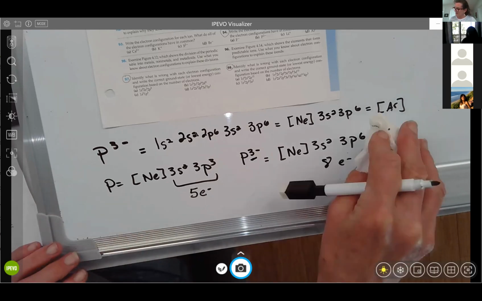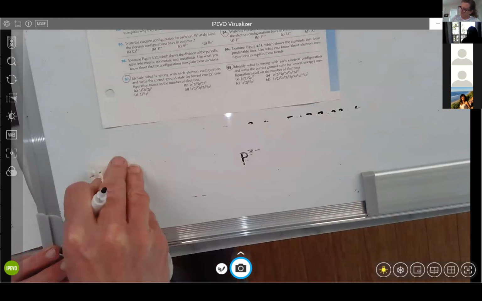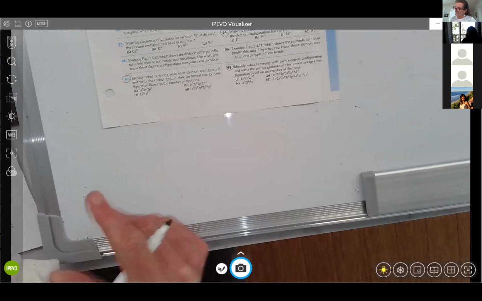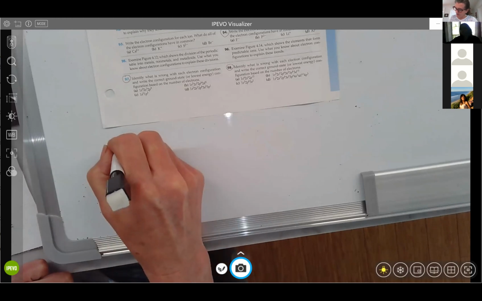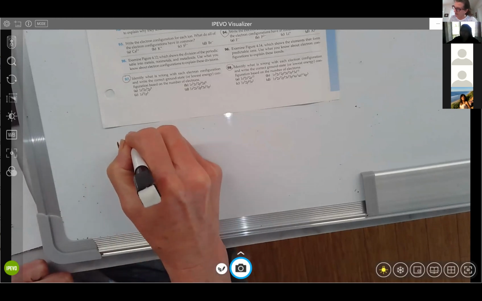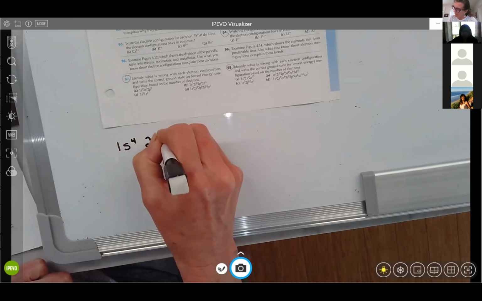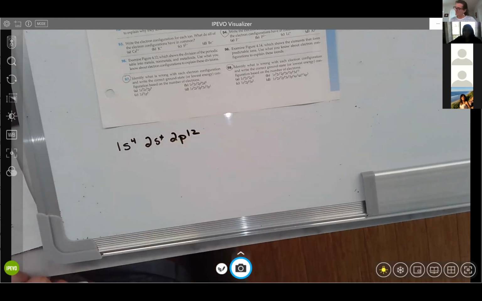Okay, I'm going to erase this. I'm going to write an electron configuration which is not a good one, and I want you to tell me why. What's wrong with it? There's lots wrong with that. Well, for one, 1s can only hold 2 electrons.